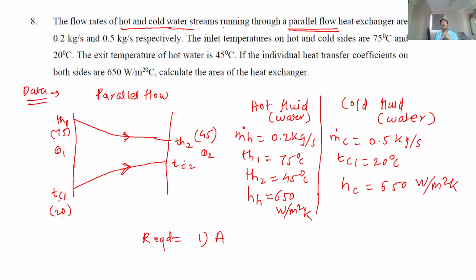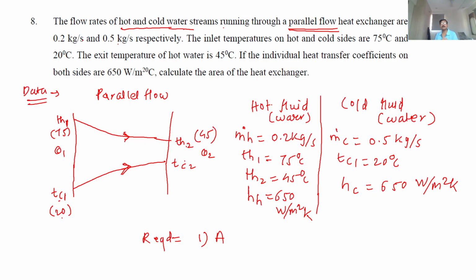You can't solve this problem by the LMTD method, because in the LMTD method, you require all 4 temperatures or at least 3 temperatures to be known. Then and only then can you use the LMTD approach. But if all 4 temperatures are known to you, you can use either the LMTD approach or the effectiveness NTU approach. By both approaches, you will get the same answer.